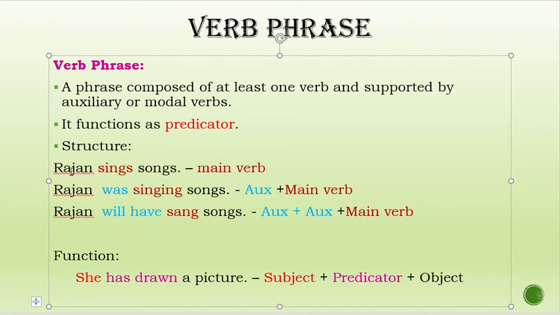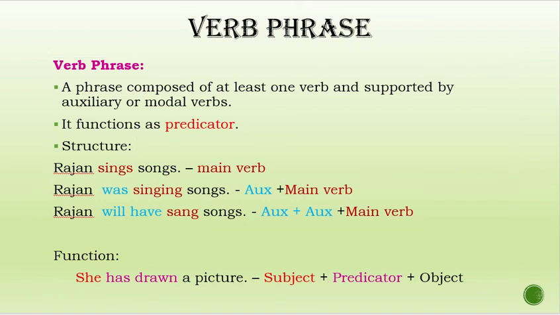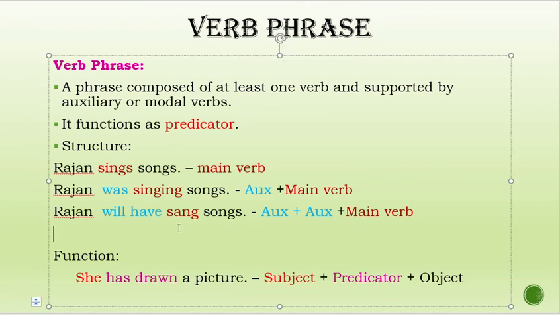Suppose the example is Rajan sings songs. Sings is a main verb. If we develop this sentence as Rajan was singing songs, then here was singing is developed as auxiliary plus main verb, or modal verb plus main verb.